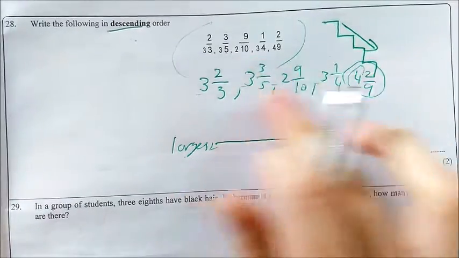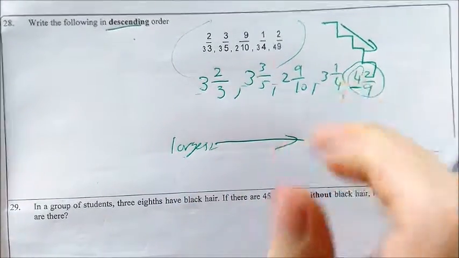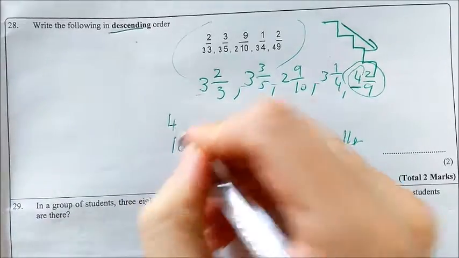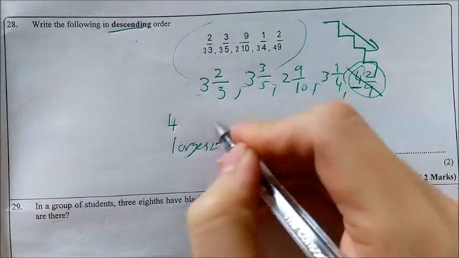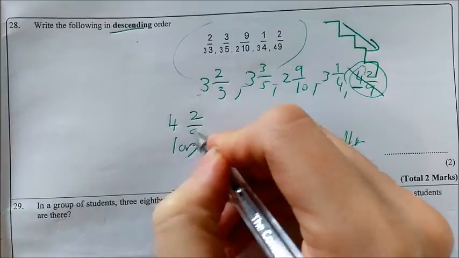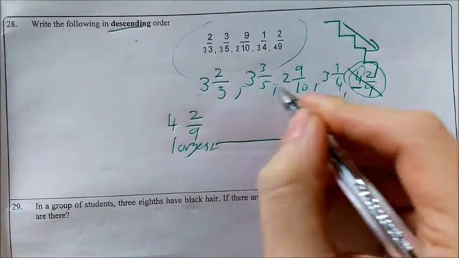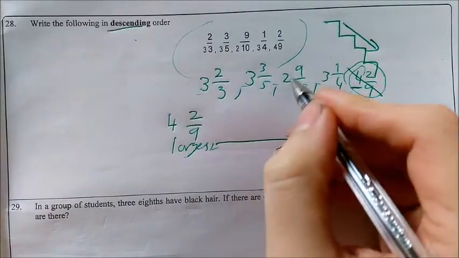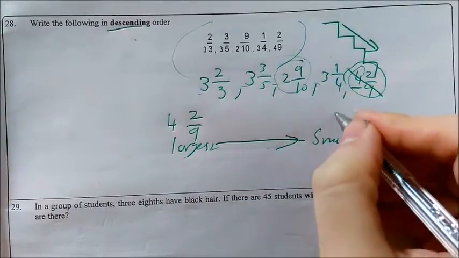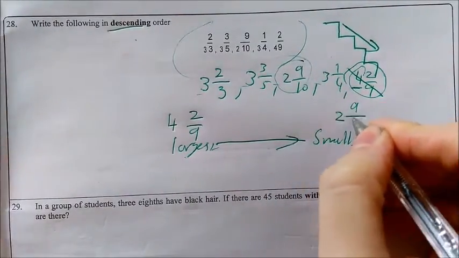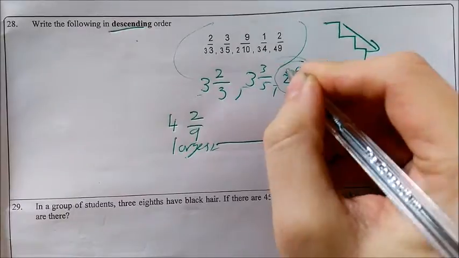And the fractions are smaller than a whole number. So in this case, 4 and 2/9 has to be the largest just because 4 is bigger than 3 and 2. And by that logic as well, you might be able to spot the smallest one already. It's going to be 2 and 9/10, because 2 is smaller than 3.